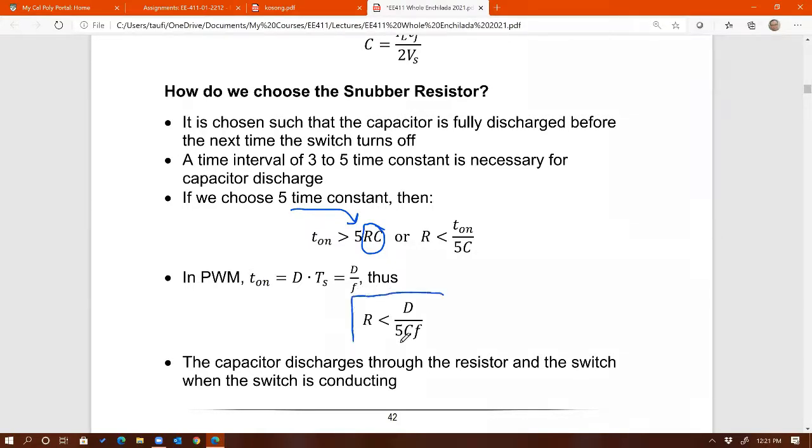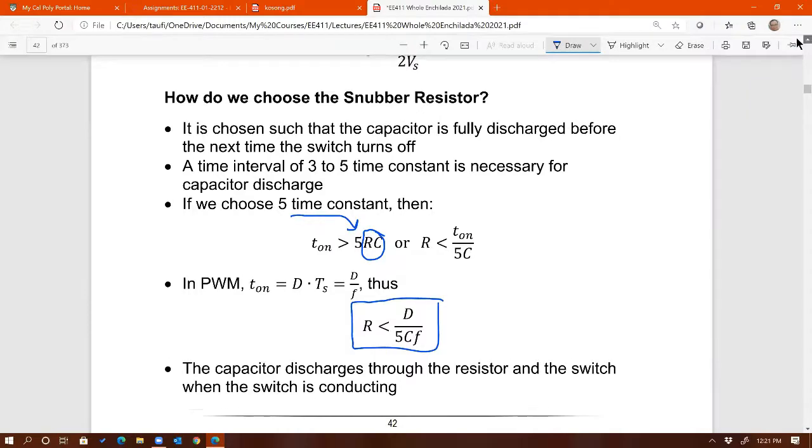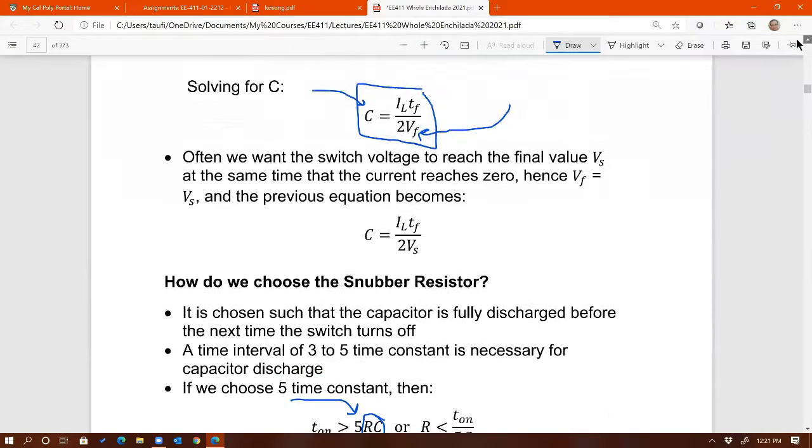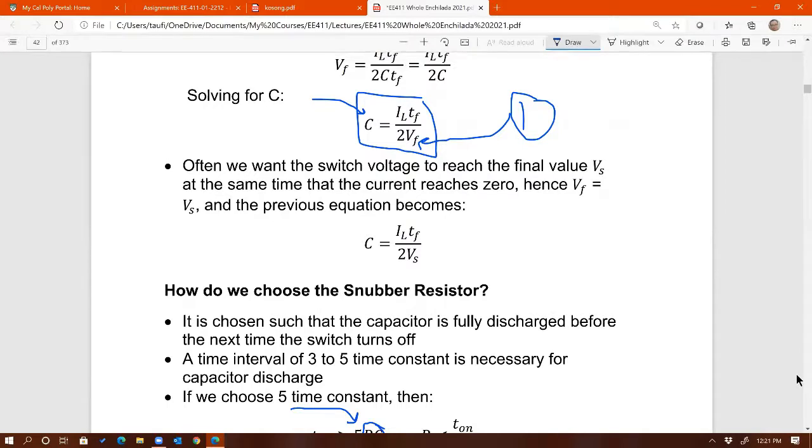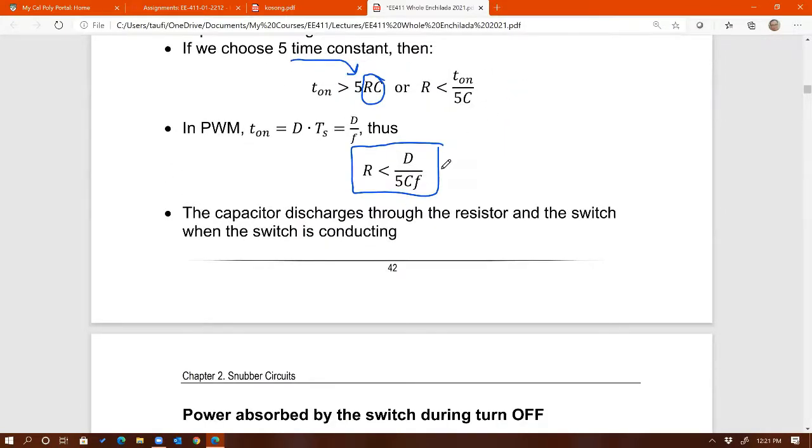So now you have the 2 equations you need to design your snubber. Number 1 is the equation for calculating the capacitance value. Number 2 is to calculate the resistance value of the snubber resistor. Any questions on this? I believe that's it from last week.